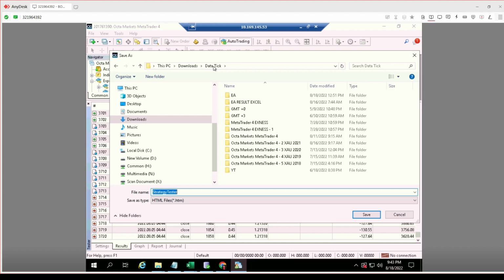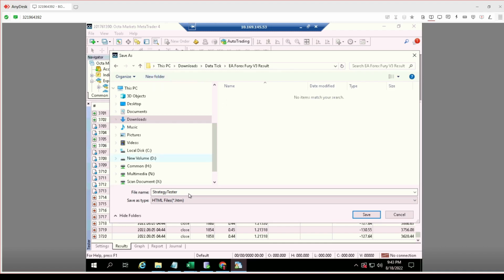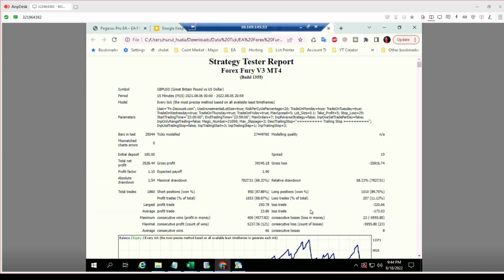I will save the trading results file first to see details of trading Forex Fury V3 transactions.